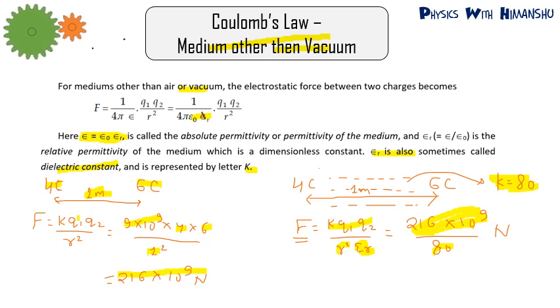So basically, if you have the force between two charges in vacuum, and if you insert both the charges in any medium, you have to divide the force by the dielectric constant of that medium. Like here I have divided it by 80. Okay. And always remember, the dielectric constant of metal is infinity. This thing you have to remember, that for metals the dielectric constant is infinity.